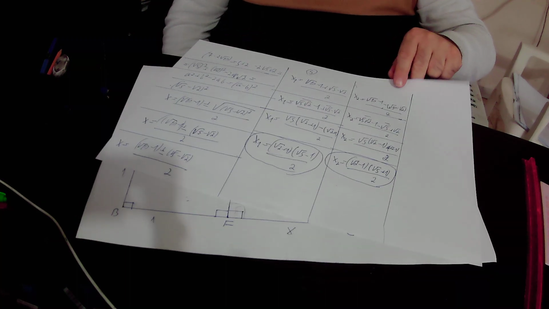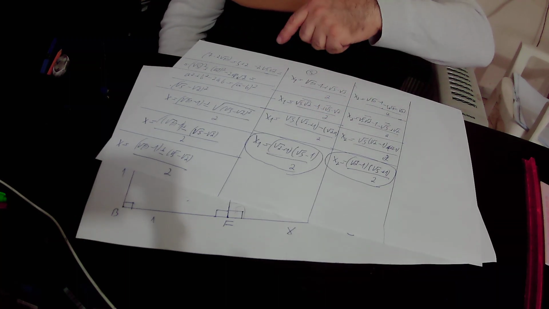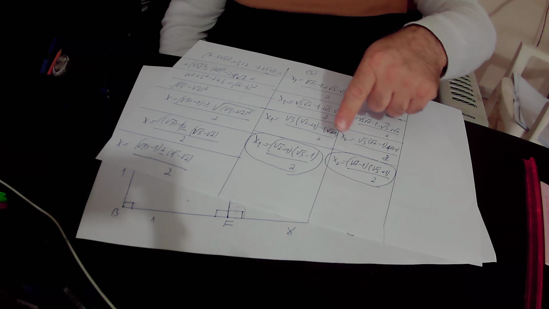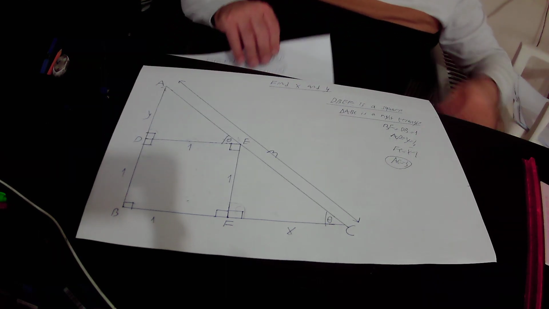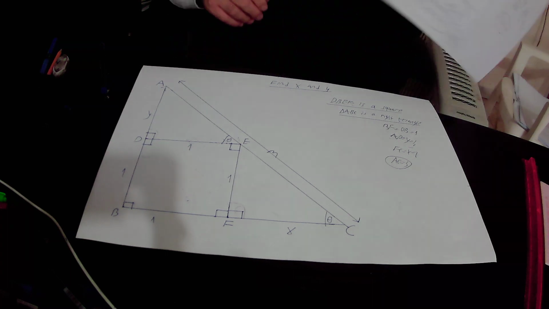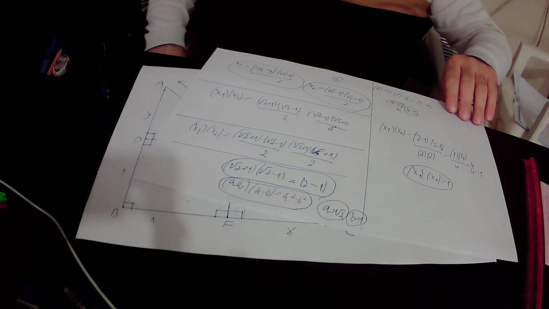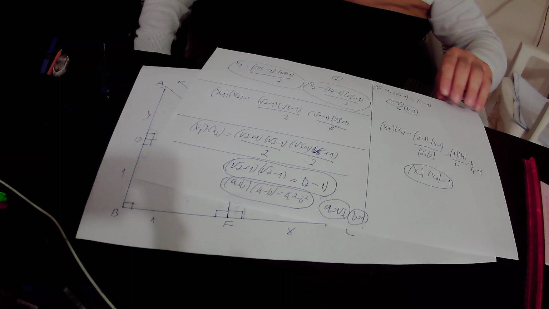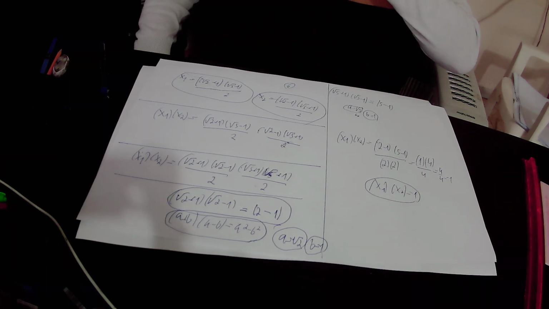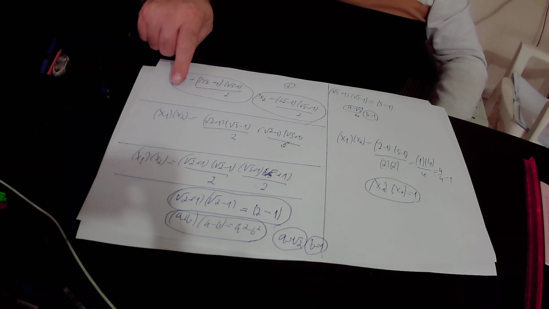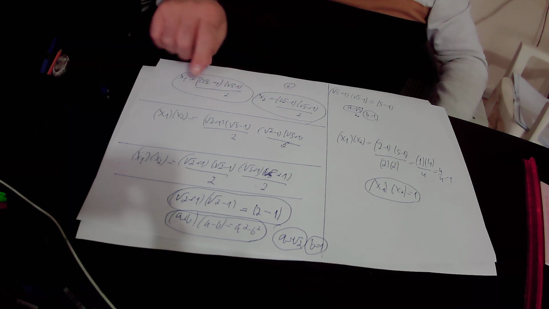Then I presented the two solutions on a new page, and we multiplied x1 by x2. So this is x1, this is x2, and x1 times x2 is this expression.